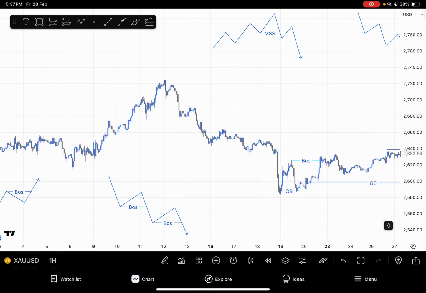like quick entries, because if you look for entries on higher time frames like 4 hour, 2 hour, 3 hour, or 1 hour time frame, it takes price 1 hour for each candlestick to form.